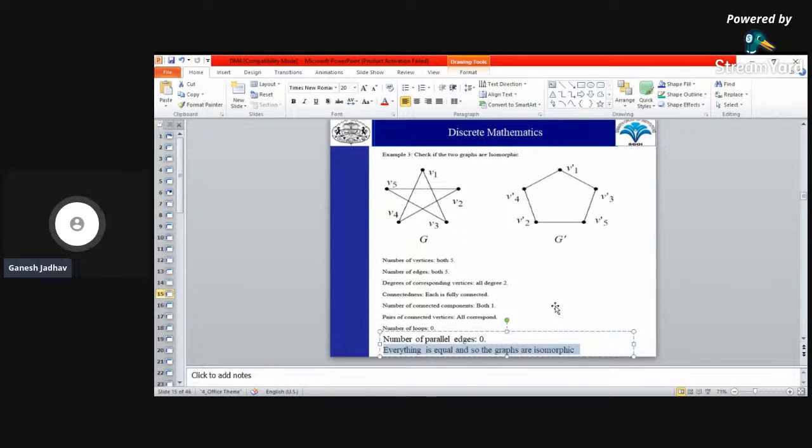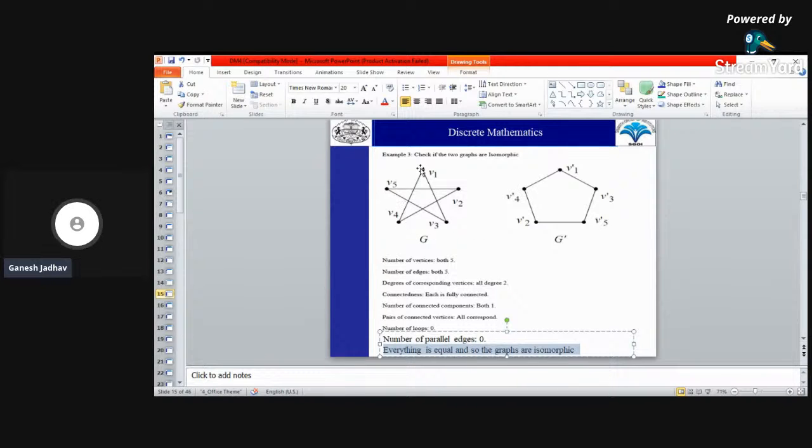Okay, so here V1 is connected with V4 and V3. V2 is connected with V4 and V5. Then V3 is connected with V1 and V5.